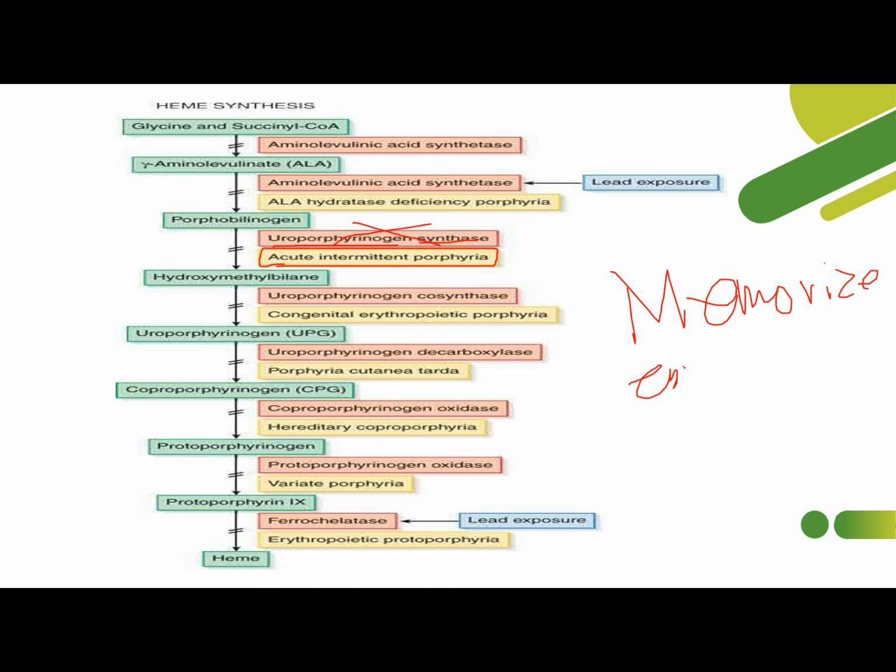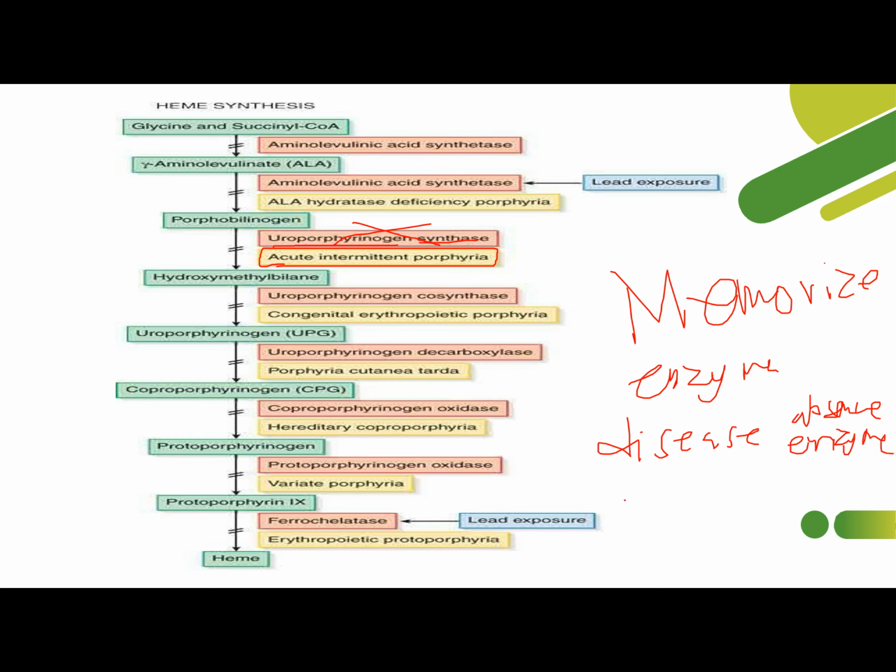Memorize the enzyme. So this is the technique here. I will get questions from this picture. So memorize the enzyme, memorize the disease caused by the absence of the enzyme.